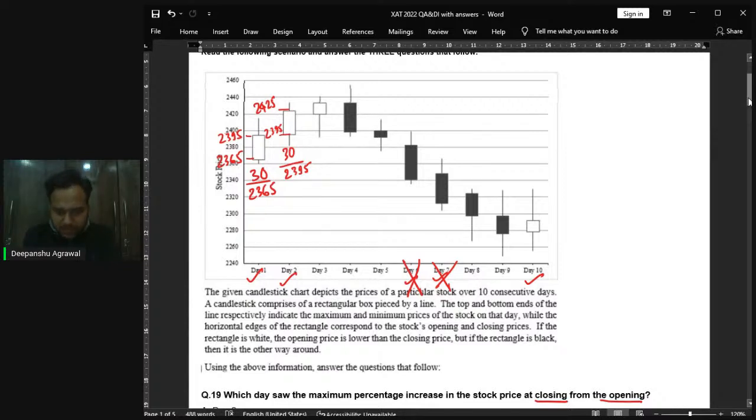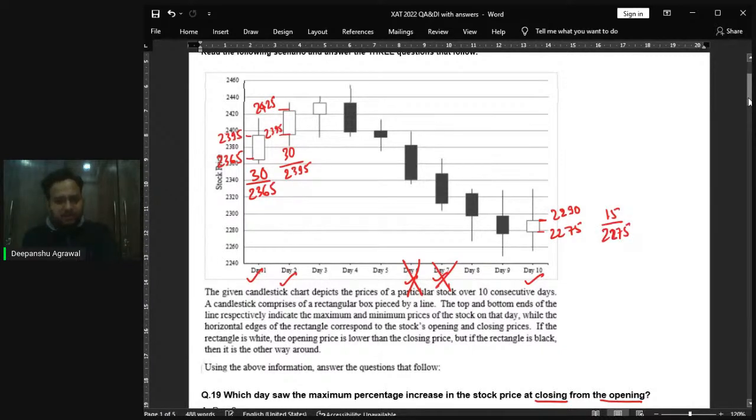And we see here, it is 2290. We can take it as 2290, and this we can take as 2275. Okay, so what is the difference? 15 divided by 2275.